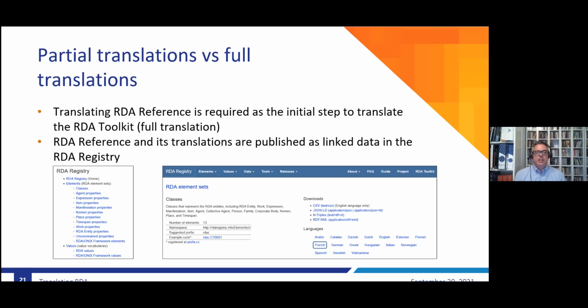Doing a partial translation then ensures that RDA reference is published as linked data in the language of that community in the RDA registry. As you can see, the slide shows two screenshots from the RDA registry, one with the list of elements, element sets and vocabularies, and the other shows one element set and all the translations available for that set.